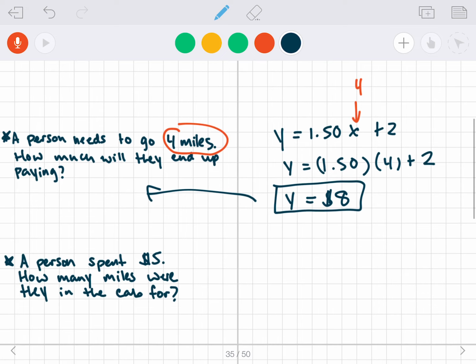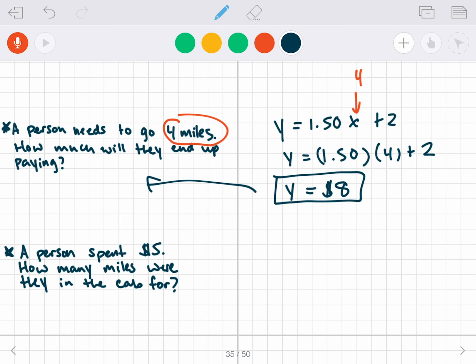A person spent $5. How many miles were they in the cab for? Well, this time our y is given. We're looking for the miles, so we're looking for the corresponding x when y is $5.